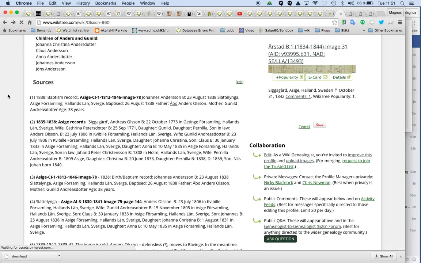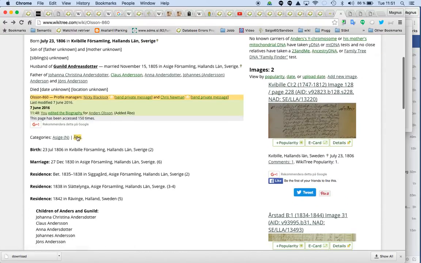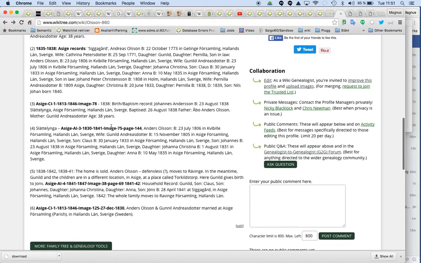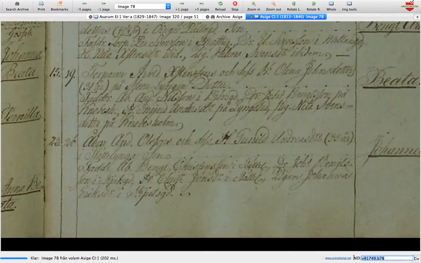For me, that's genealogy. So what you got here is Åbo there, and you got Åbo there, and you have Asege up here. So what we found now is this one. And what I would like to do is add this unique ID.